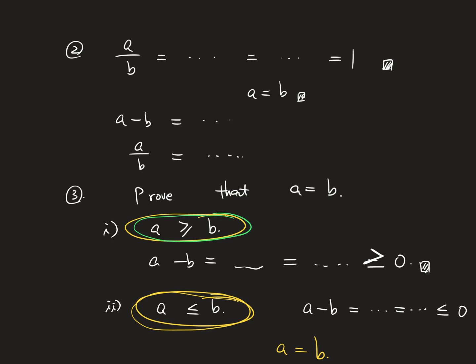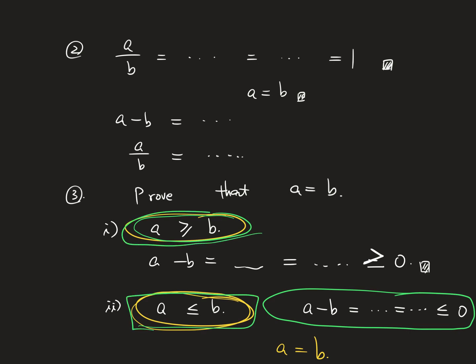If you prove this, then you can say that A is less than or equal to B, and then combine number 1 and number 2, and you can write that A is equal to B.